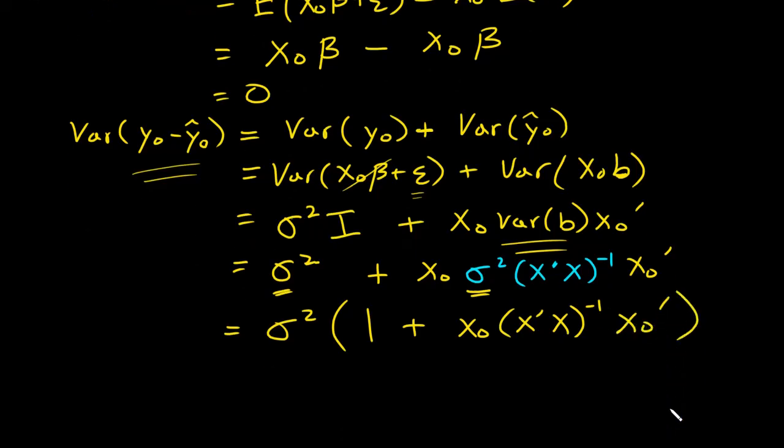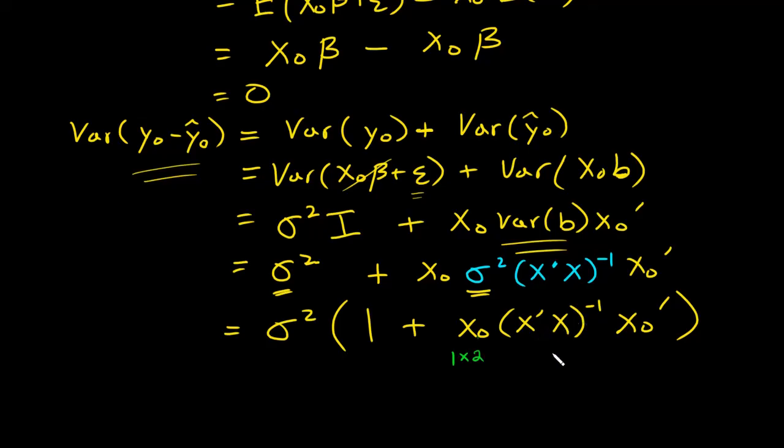I always like to double check my dimensions when I get to the end. If I'm expecting a scalar, I should get a scalar. So what are the dimensions of x naught? It's a 1 by 2 if we have a simple linear regression model.